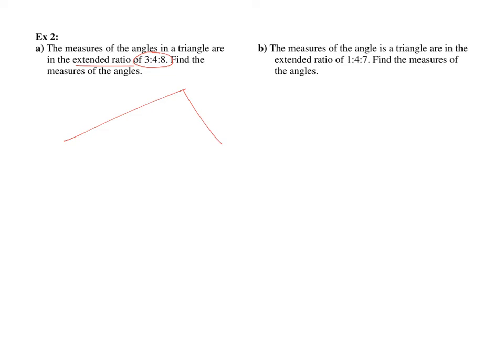We have a triangle, and the extended ratio is 3 to 4 to 8, so it's 3 times some number, 4 times the same number, and 8 times the same number, because they all have to have a common divisor when you simplify the ratio. So I'm going to call this 3x, I'll call this 4x, and I'll call this 8x. Well, what do all the angles of a triangle add up to? They add up to 180.